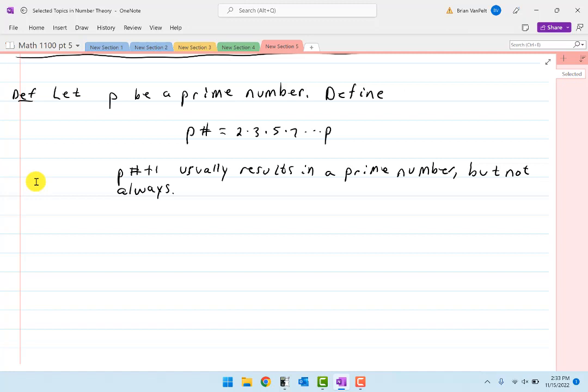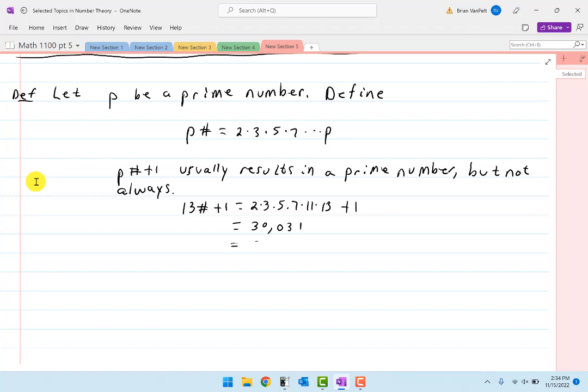So for example, let's take a look at 13 pound plus 1. So the 13 pound part, I'll have 2 times 3 times 5 times 7 times 11 times 13, and then I have my plus 1. Well, this equals 30,031.